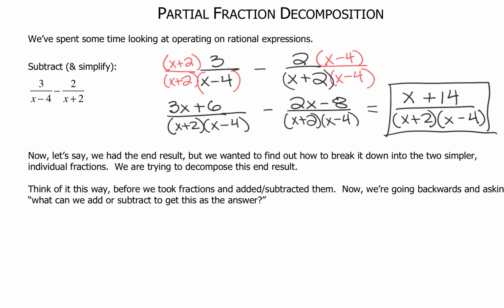We're thinking about what if we were just given this final difference or this final sum, and we're thinking about, well, what would be maybe two simpler individual fractions that we could have put together in order to get that as our resulting answer. So we're really just trying to think, what is it that we could add or subtract to get this as an answer?